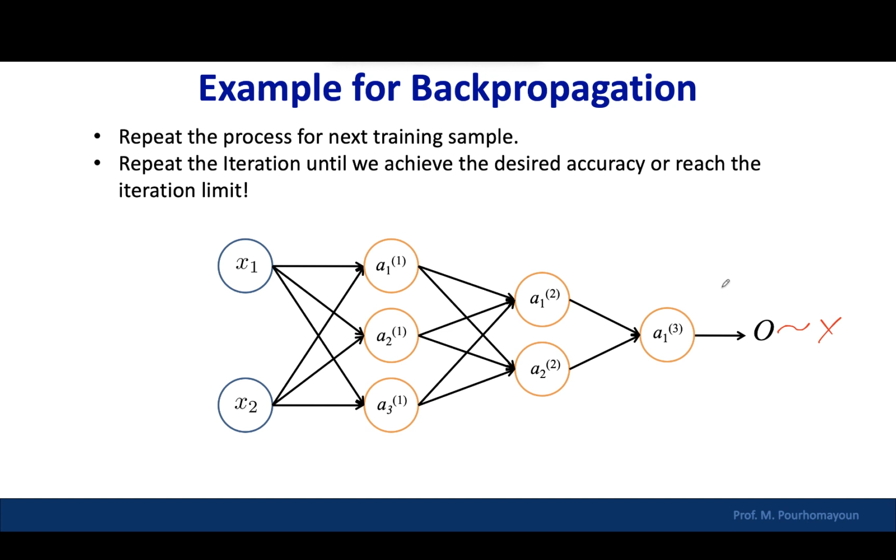So this is the idea of backpropagation. This is not something new, okay? This is just a systematic, algorithmic implementation of a minimization that we learned just now to train a neural network.